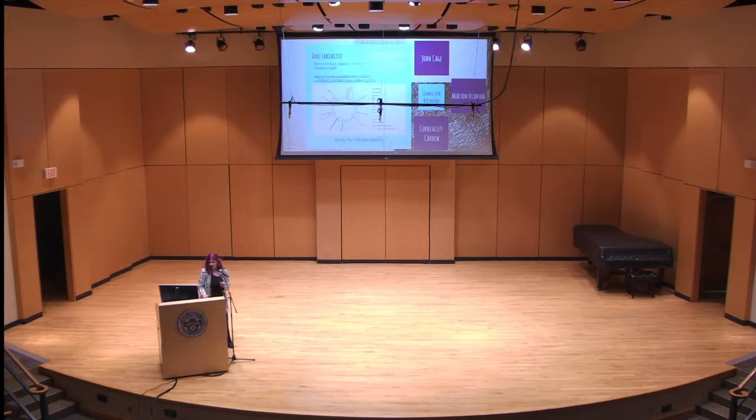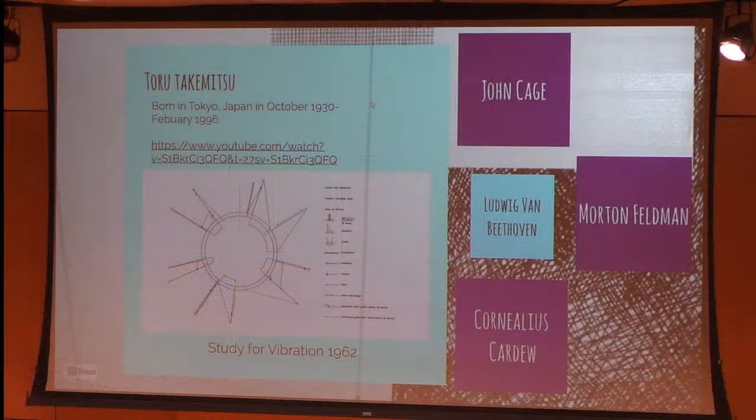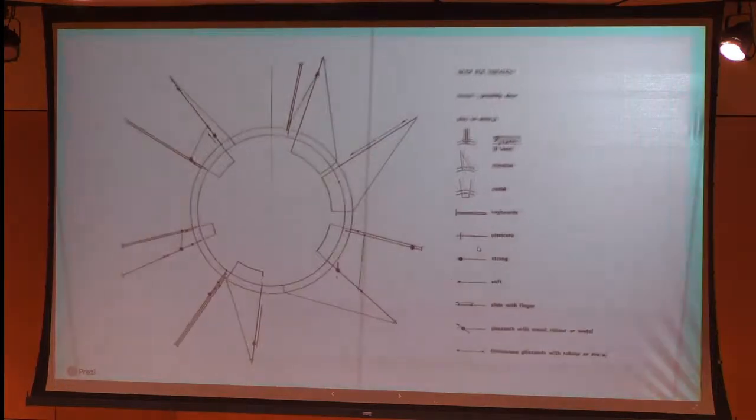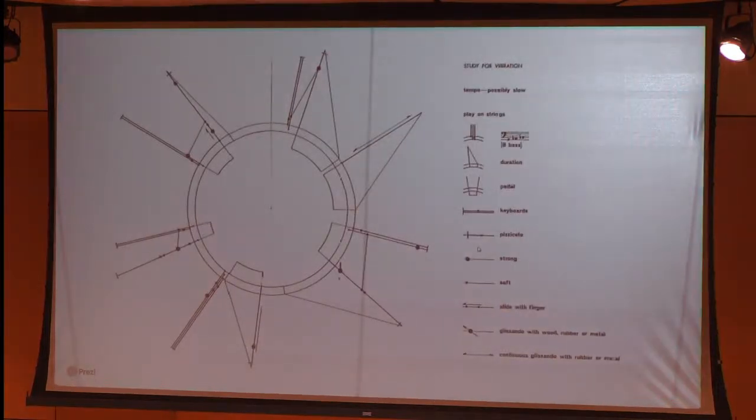So, our first composer is named Toru Takemitsu. He was born in Tokyo, Japan in 1930, and he passed away in February of 1996. This right here is called Study for Vibration. It was composed in 1962, and you can see that we are given just a little bit of instruction here on the side.